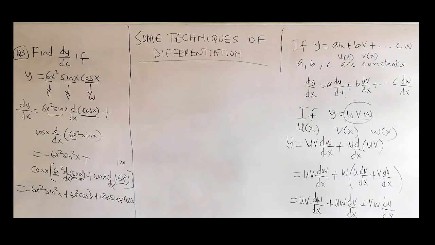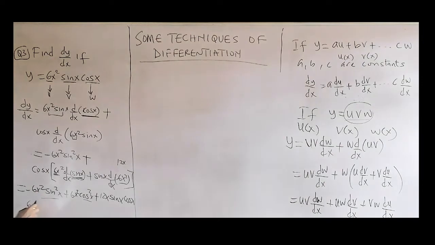So what we can do is combine these two together. Look at these two, something is common there. 6x squared is common, so you can take it out and factorize it. Write the positive one first, and that will be cos squared x, followed by the minus here, minus sine squared x.